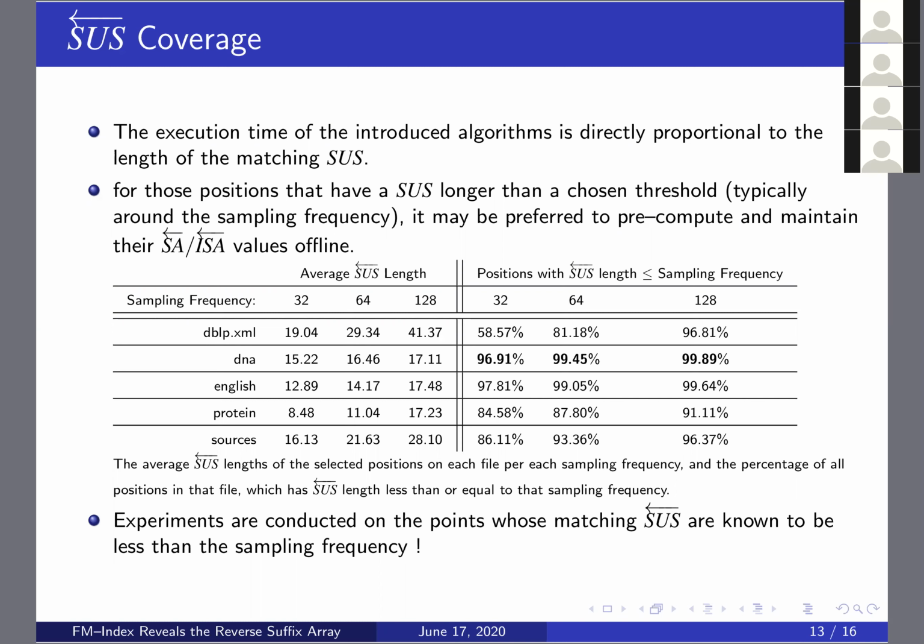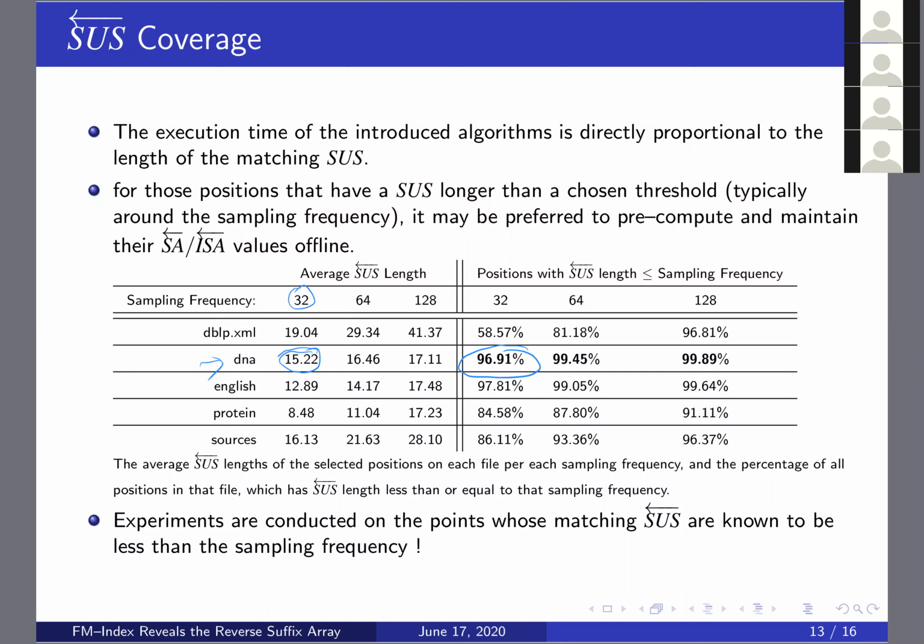What I mean is, for example, when we do sampling with 32, which is the default parameter in the SDSL platform, we counted how many of the positions in the text have a corresponding SUS less than or equal to 32. It is 93.6% in the DNA case, and this is the average SUS length.